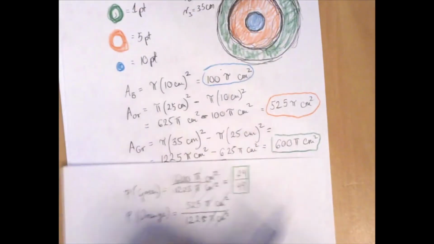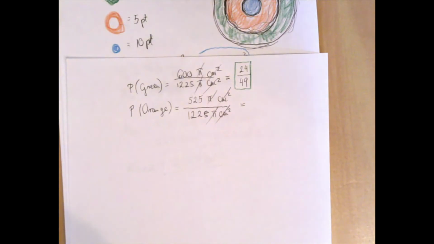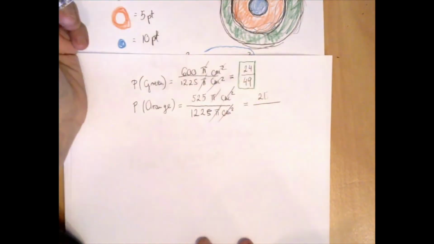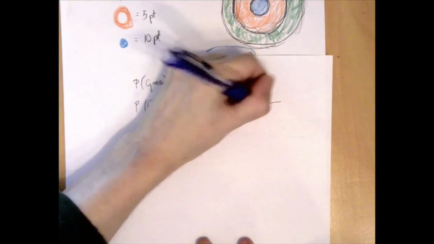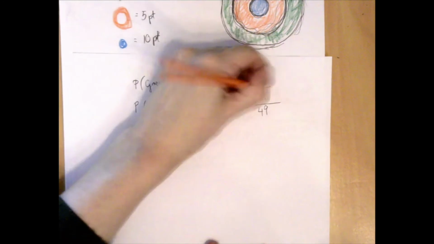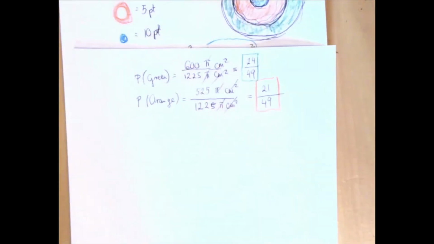If we divide by 25, we get 21 in the numerator and the same 49 in the denominator. So the probability of landing on an orange field is 21/49.